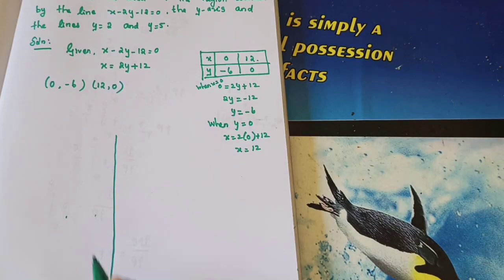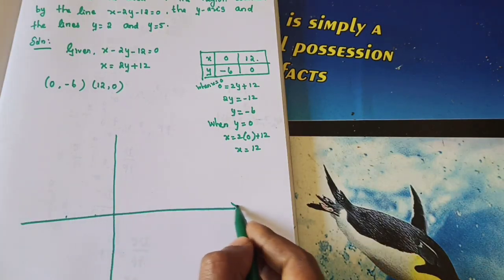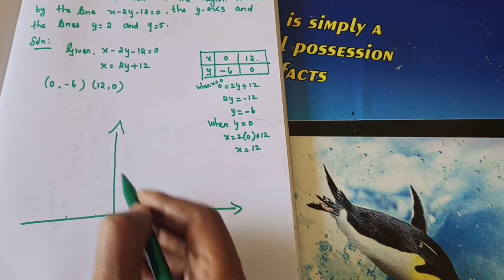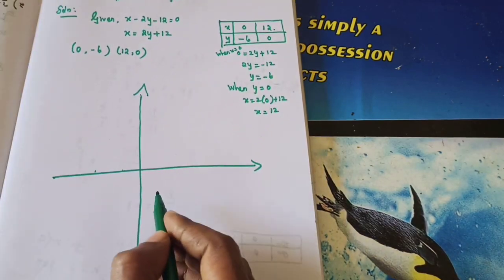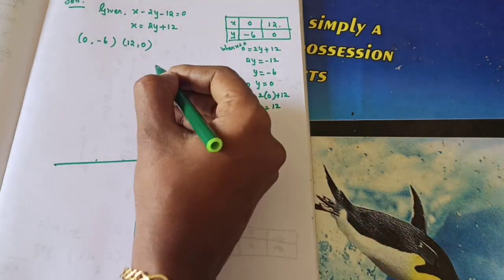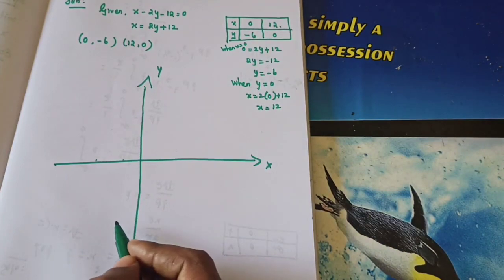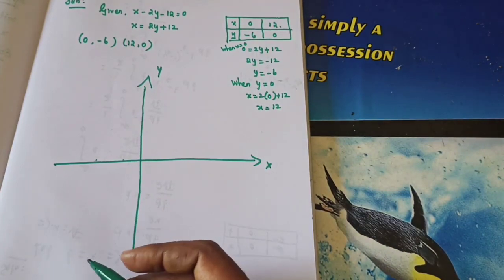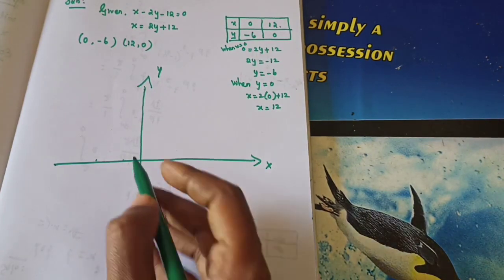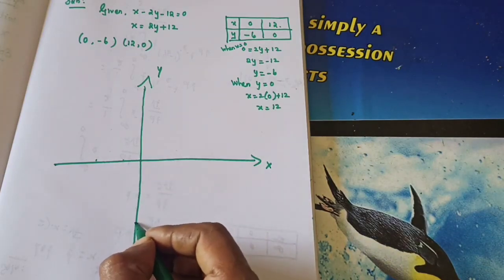Now draw the curve neatly using a scale and pencil. This is the x-axis, this is the y-axis. The point 0, comma minus 6: with 0 and a negative value, it will be here.